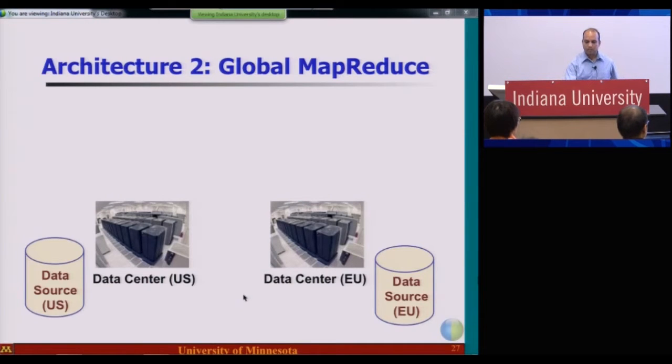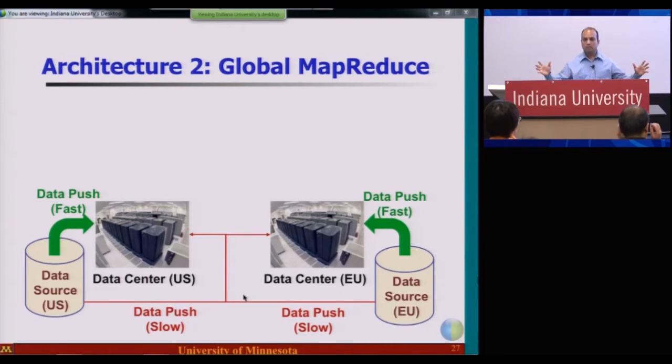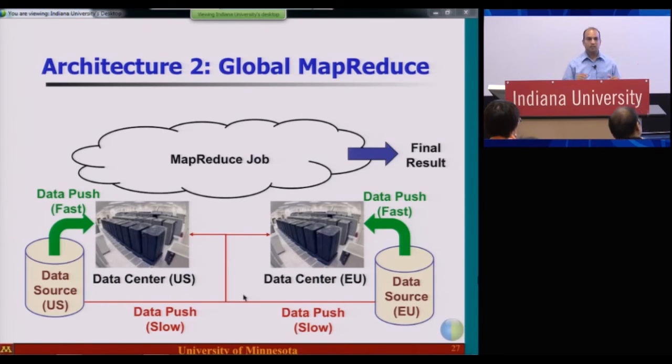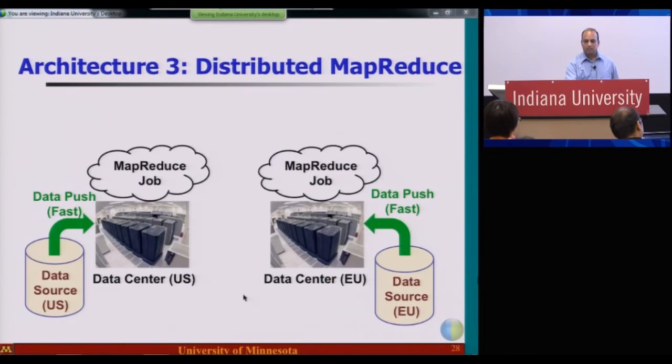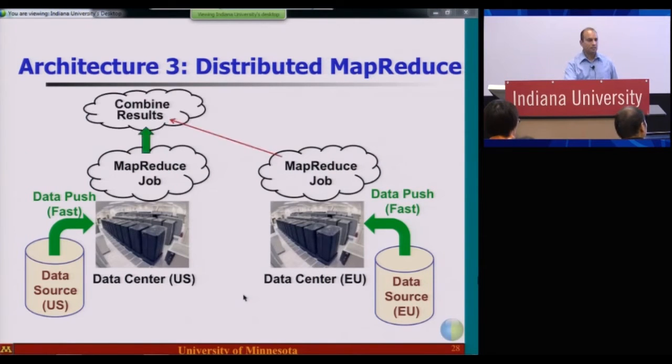So in this case, your data may be pushed to both places, and then you will carry out some sort of a high-level MapReduce job over all of these machines and get the final output. The third possibility is to carry out the computation close to the data source, and then once these partial computations are finished, you somehow combine the results and get the final output.